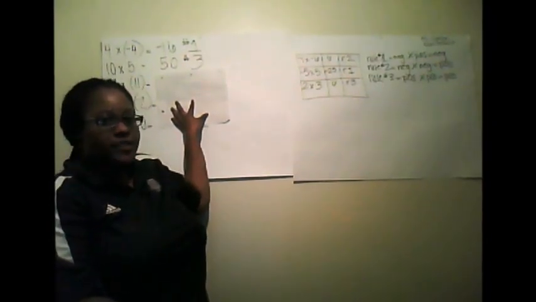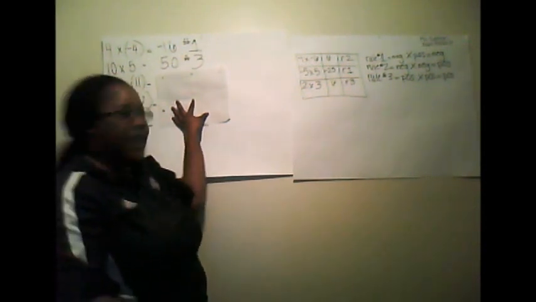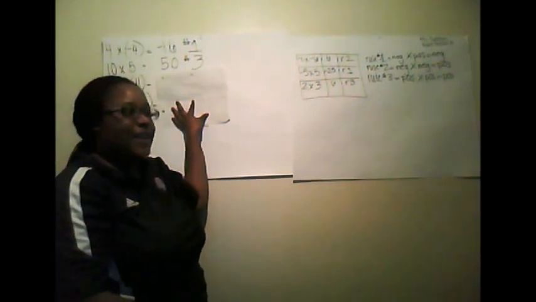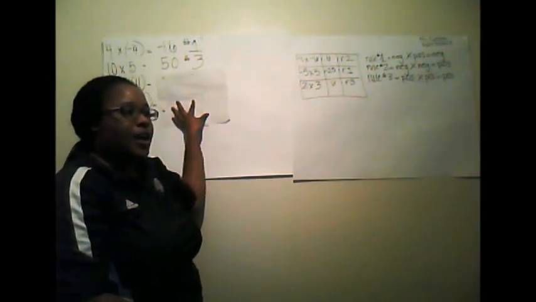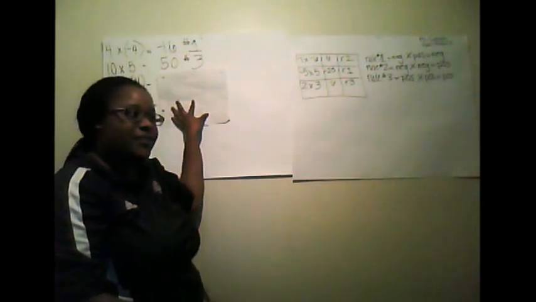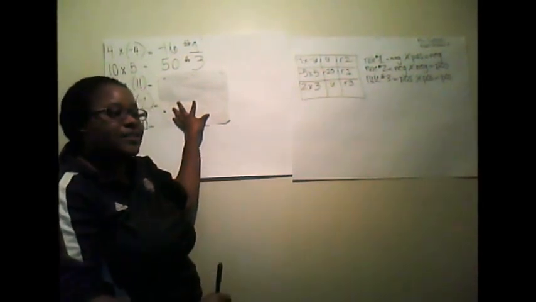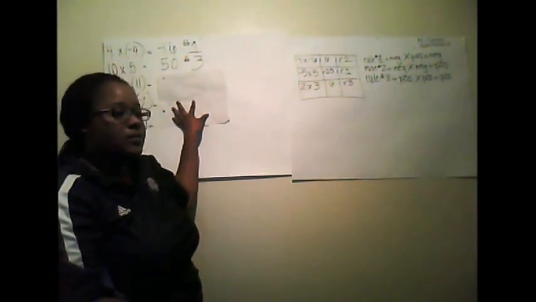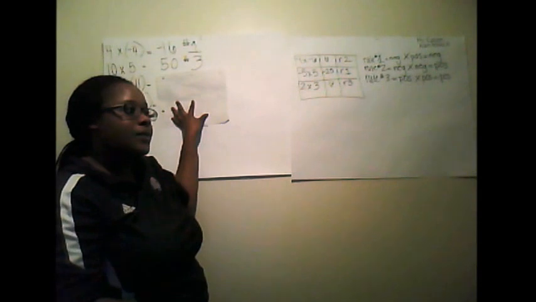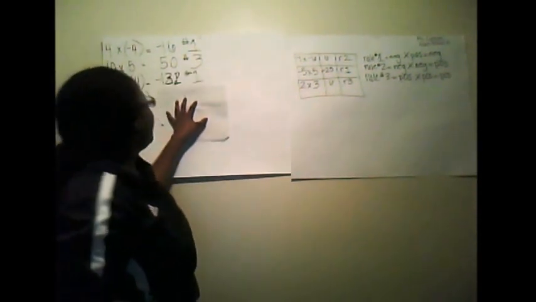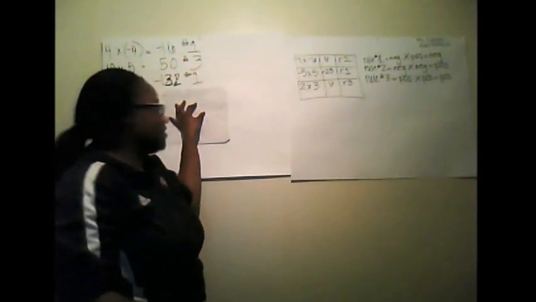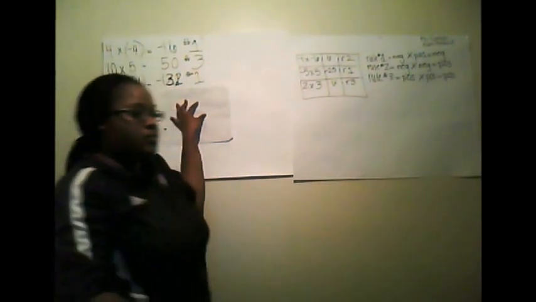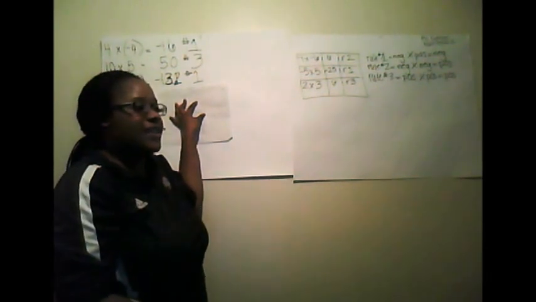The next multiplication problem is negative 11 times 12. Once you're finished, please say the answer out loud. Negative 11 times 12 equals negative 132, and it's rule number 1. Very good. The next problem is negative 15 times a negative 2.